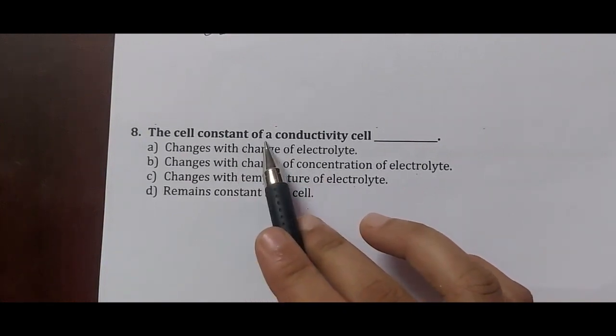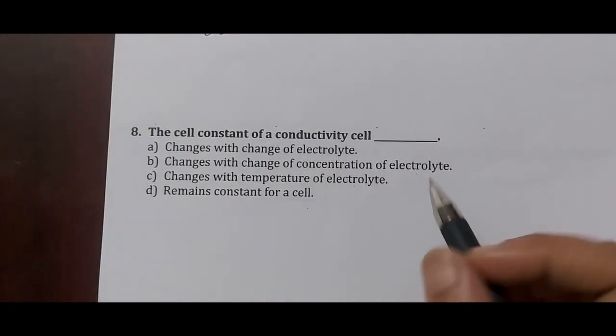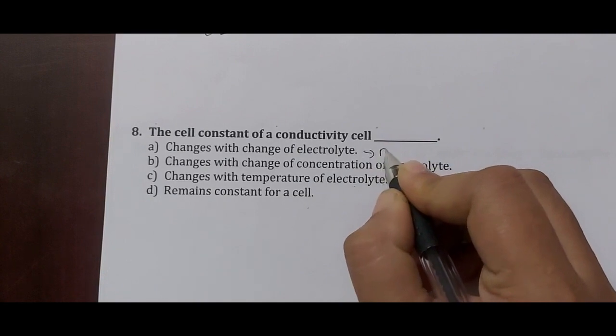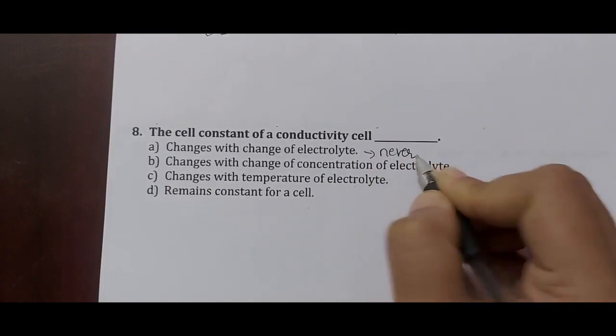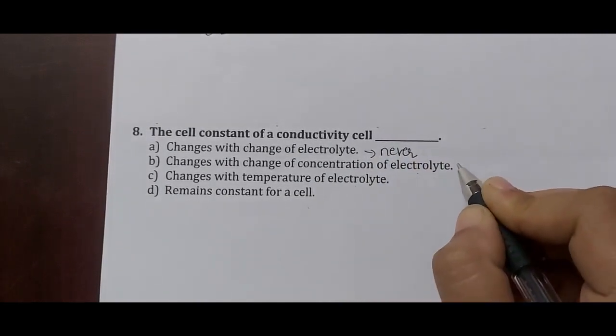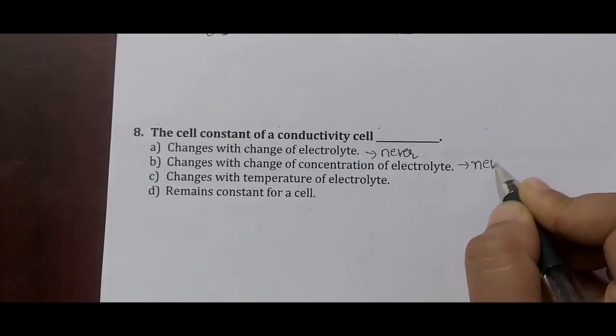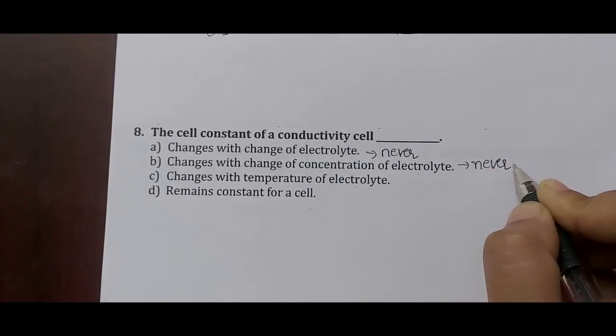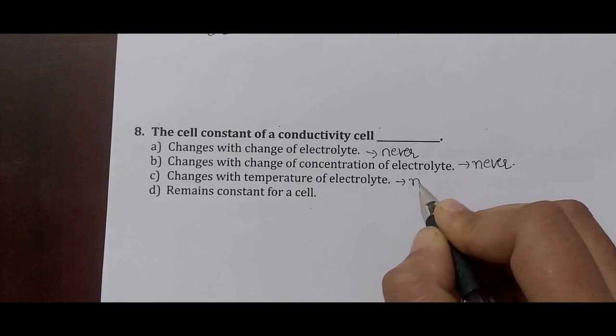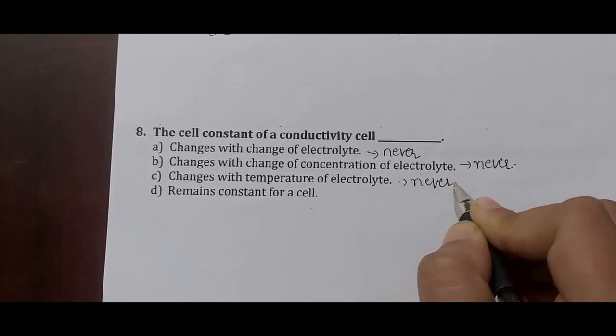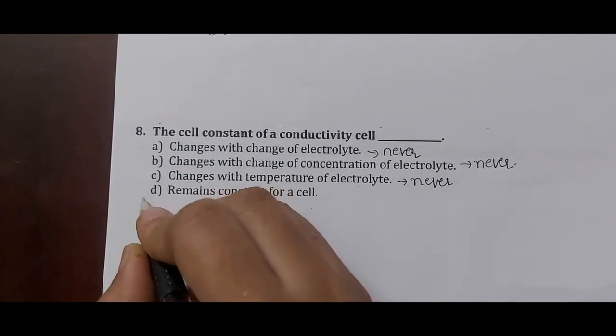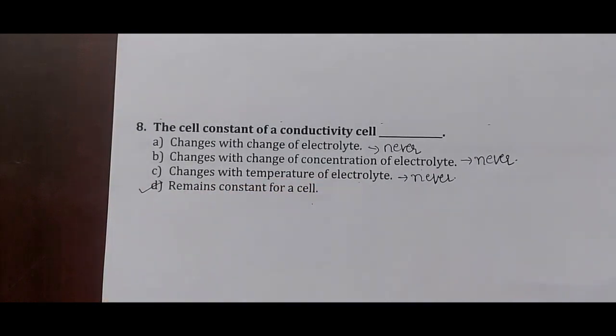So the cell constant of a particular conductivity cell never changes with the change in electrolyte. It never changes with the change in concentration of electrolyte. It never changes even with the temperature of electrolyte, but it remains constant for a cell.